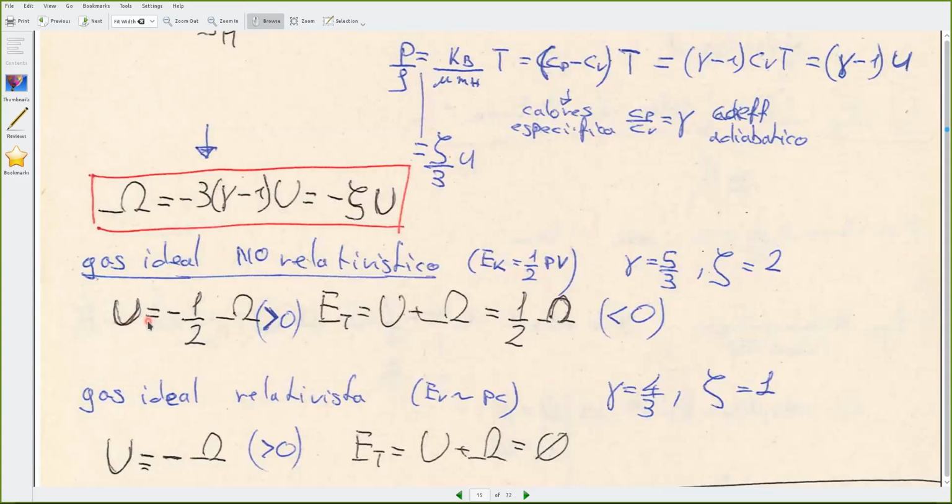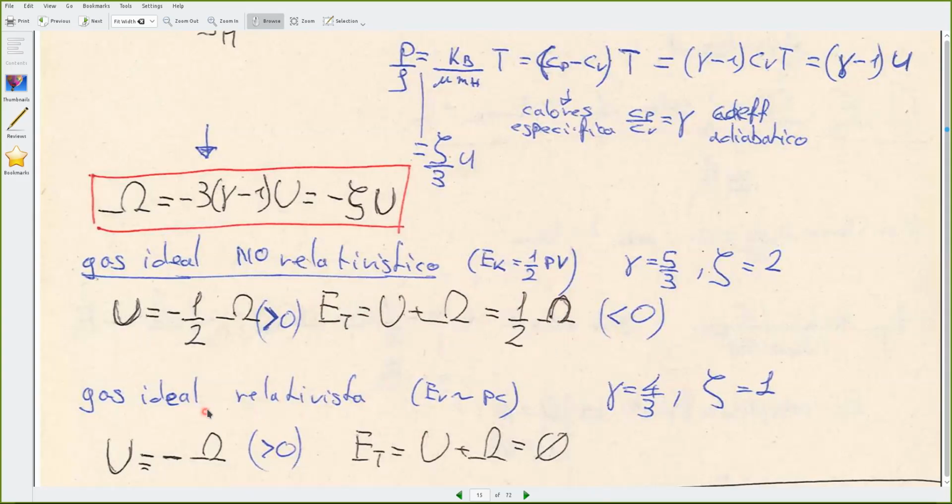So we have that the internal energy U is minus half of the potential energy. This means that the total energy, the sum of the two, should also include the macroscopic kinetic energy, but that is usually really small with respect to the two, so it is negligible. We have that the total energy is 1/2 of the potential energy, that is less than 0. That is good because we want the star to be gravitationally bound, to stay a sphere, not to disperse itself easily.